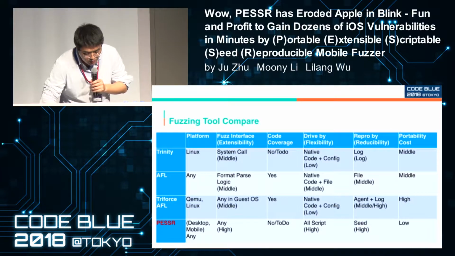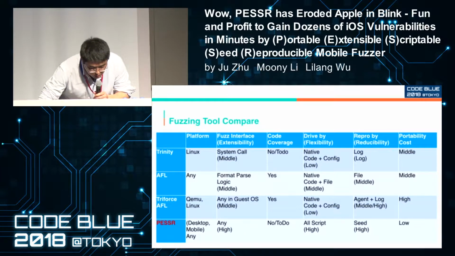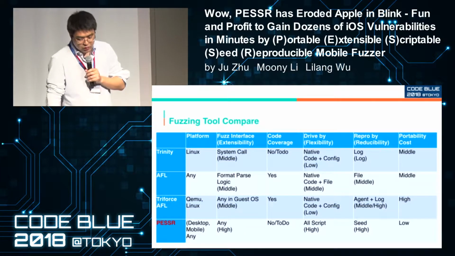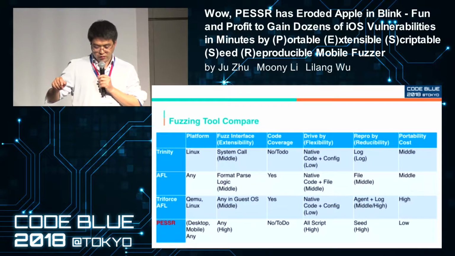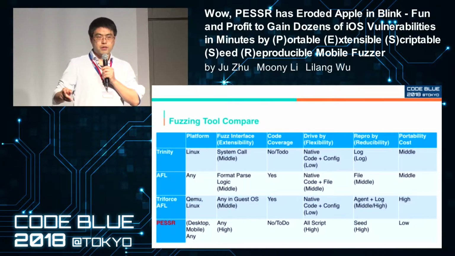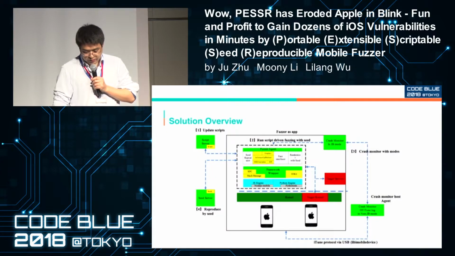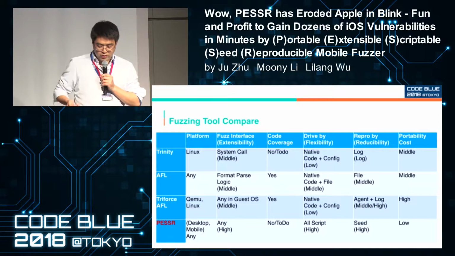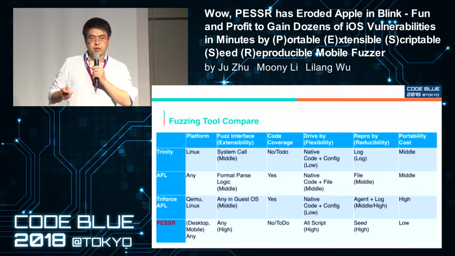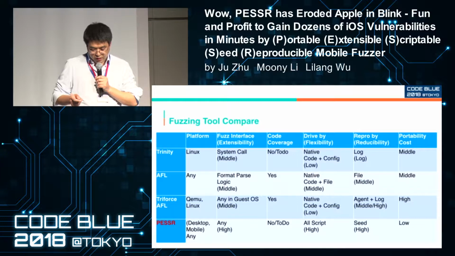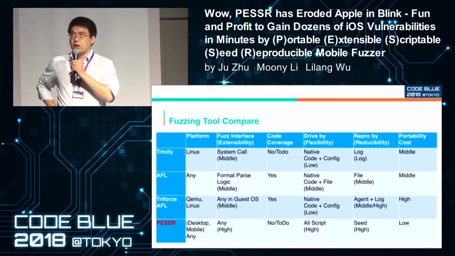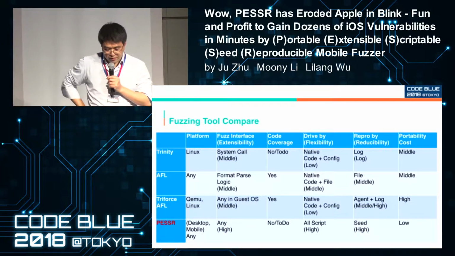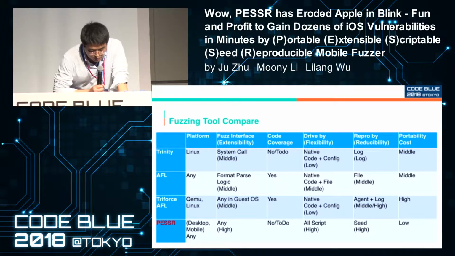For example, the left one is Trinity, which is an open source system call fuzzer in user mode, and AFL, the famous code coverage based fuzzing system, and also Ripros, or as well as Color, which is another kind of code coverage based fuzzing system towards the kernel.